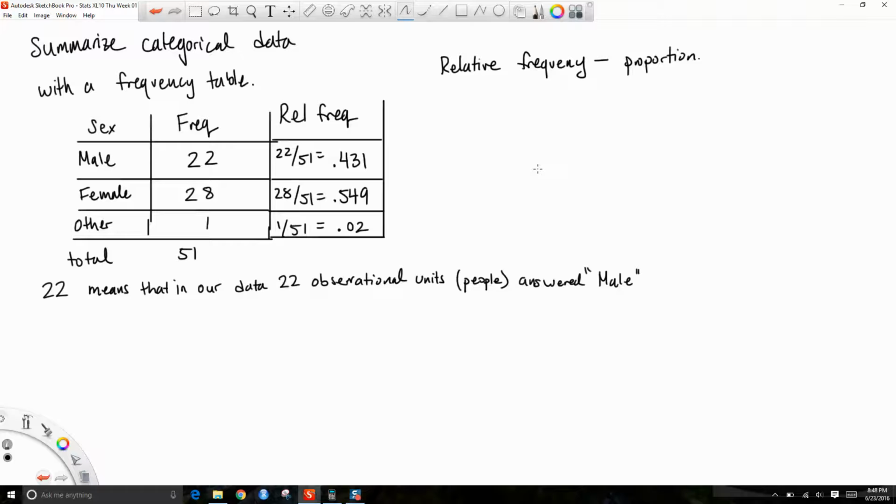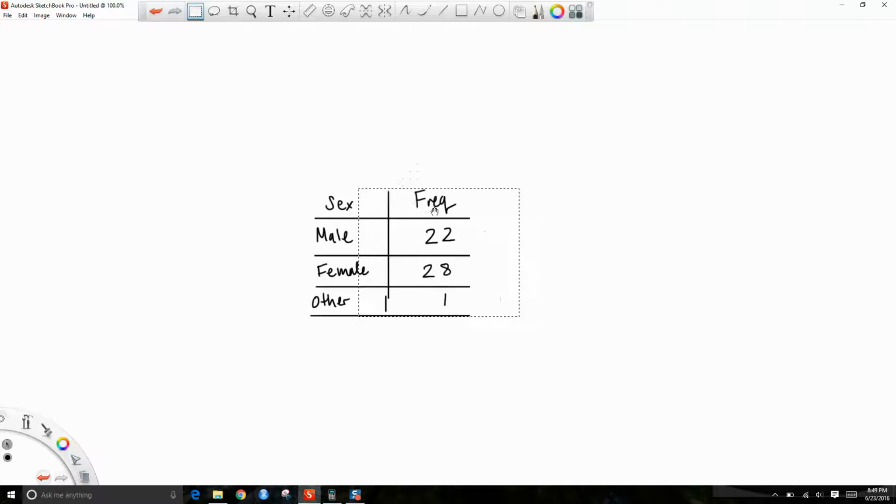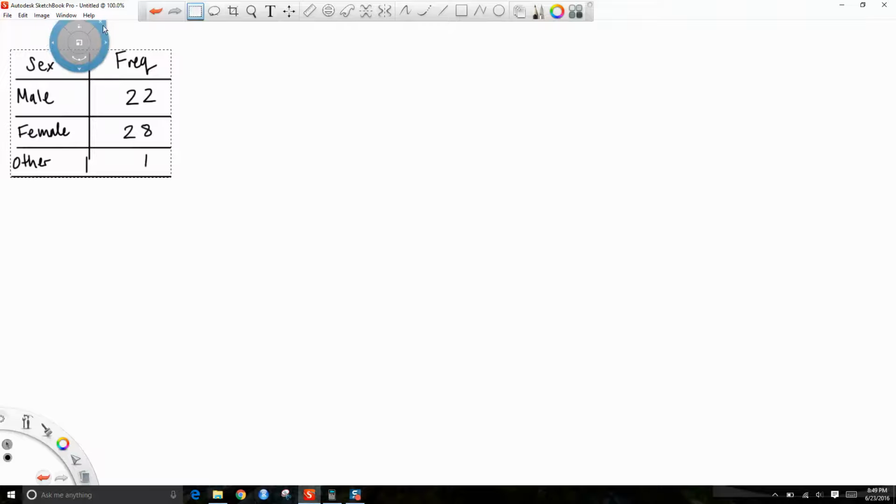So far, so good? We can also have a two-way table. Let's say I just copied this part. This was a frequency table from the previous page, but we're going to create something called a two-way table. With a two-way table, let's say we have gathered two categorical variables.